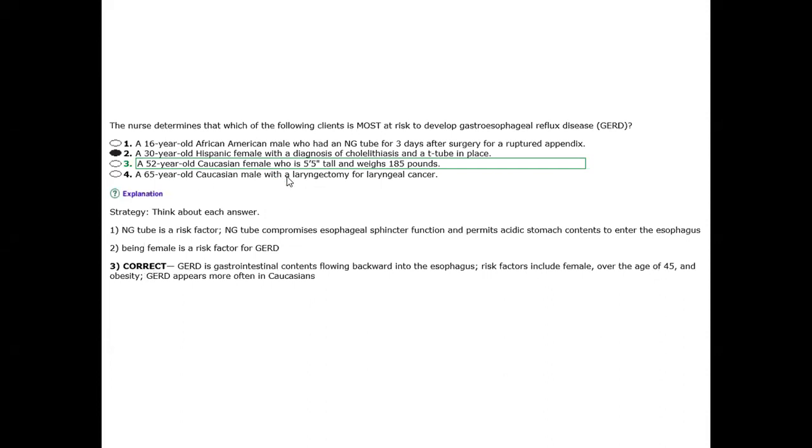Number 4 does not say anything about obesity, but here the body height and body weight are mentioned, so we can calculate body mass index. It indicates the patient is obese. GERD appears more often in Caucasians. Number 3 is Caucasian also.